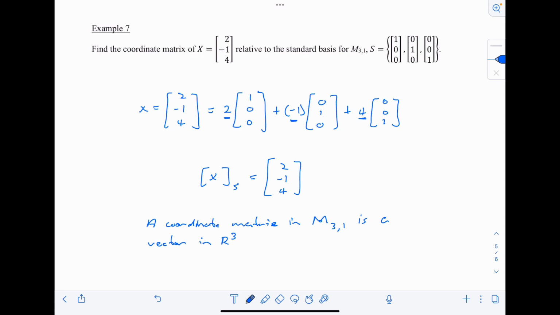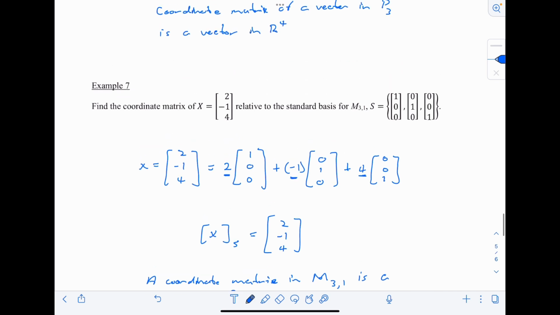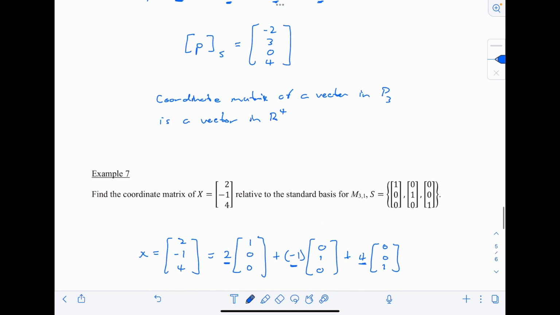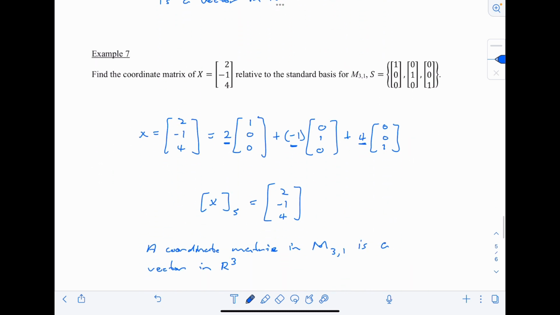Whether we are using matrices or polynomials or straight up vectors, regardless of the vector space you are in, we're able to represent those vectors using the same notation that we use in Rn. Regardless of the situation, those coordinate matrices are always going to be represented by something similar to Rn.